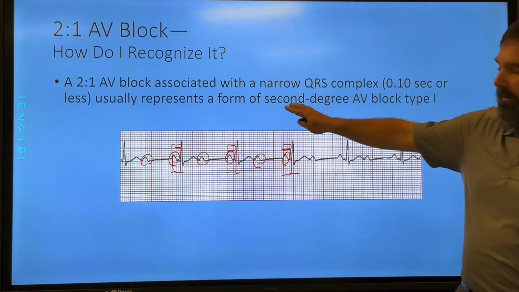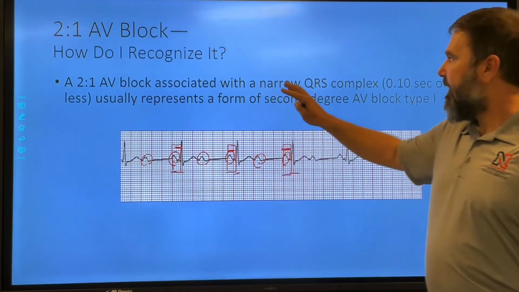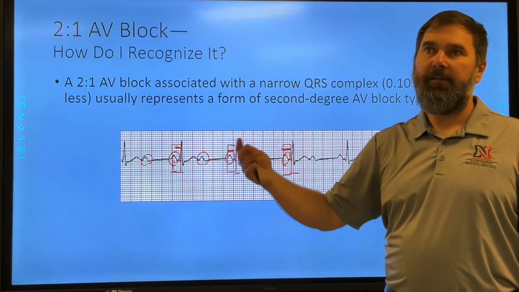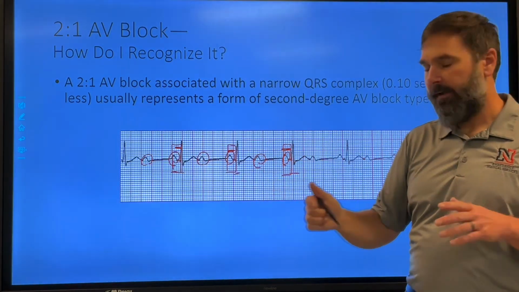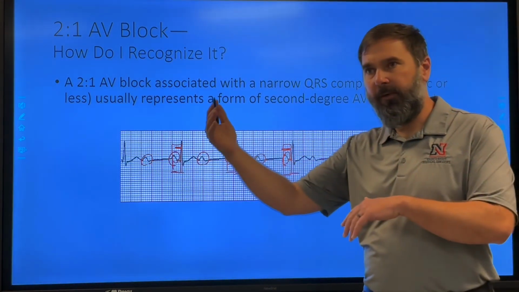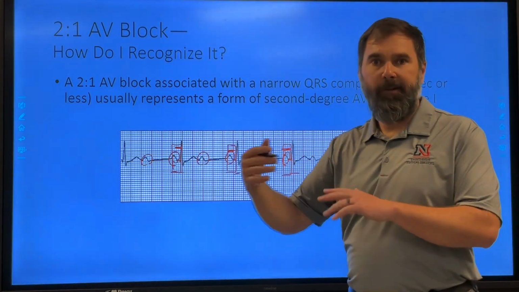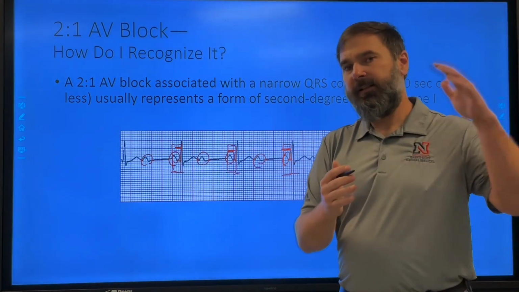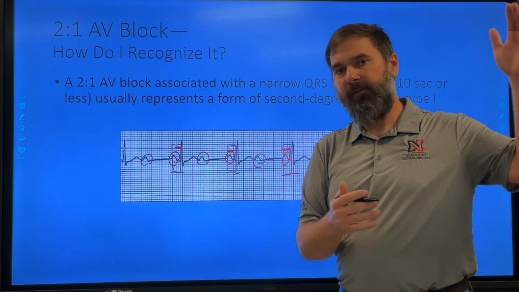They're also listing here that a 2-to-1 block associated with a narrow QRS complex is usually considered a type 1. Not necessarily type 1 with a secondary type 1 or secondary type 2, but a type 1, where is it at in the conduction? Is it higher up in the AV node or lower down?